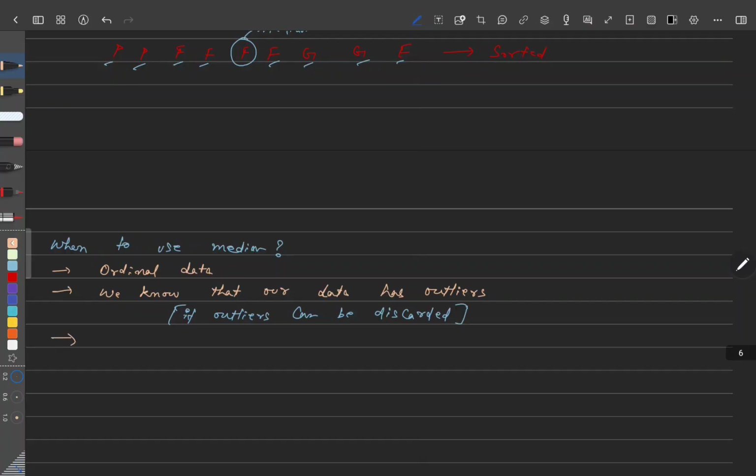In some cases we can discard outliers and take the mean, right? Outliers can be discarded in cases when they are result of a measurement error.